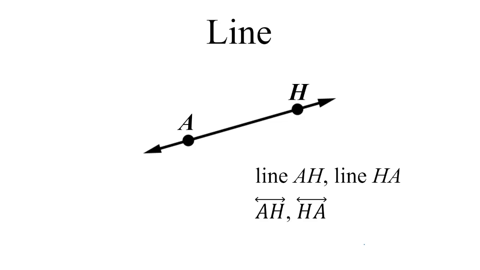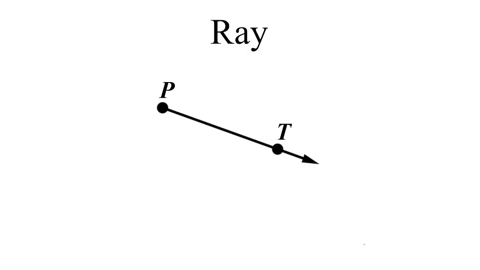The next basic figure is the ray. As you can see, the ray only has one arrowhead. That tells you that the ray has a beginning but no end. And the beginning starts with P. P is the endpoint.